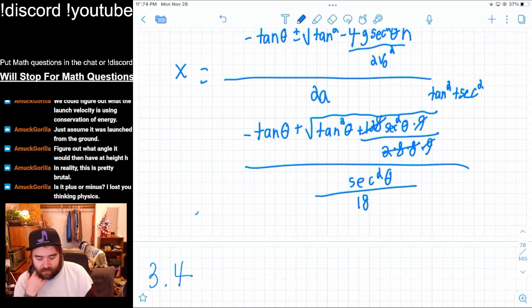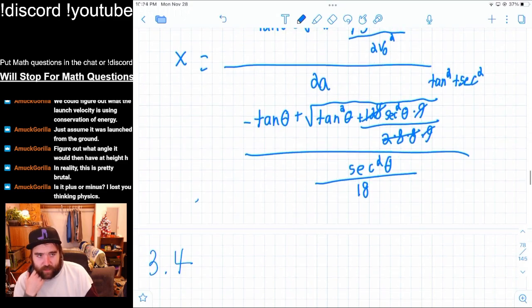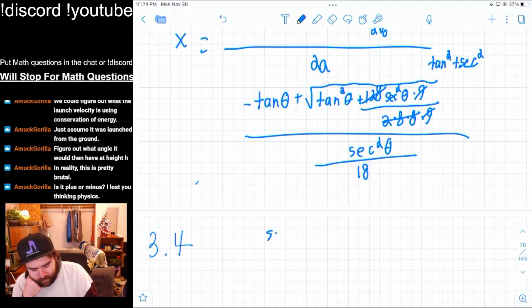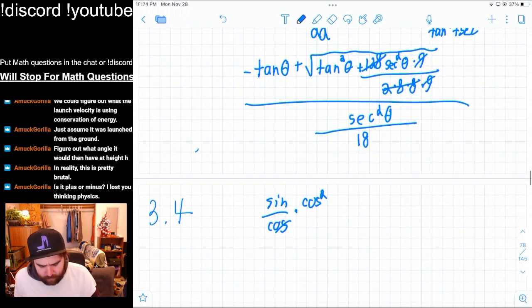Sine. So I get sine over secant squared. Is that just sine times cosine? Because that's sine over cosine divided by, so times, well, it's divided by 1 over cosine. So it's times cosine squared. So yeah, that's sine cosine.